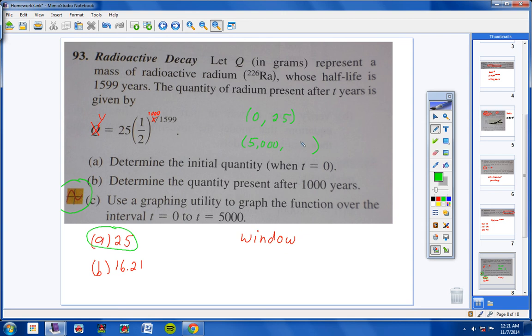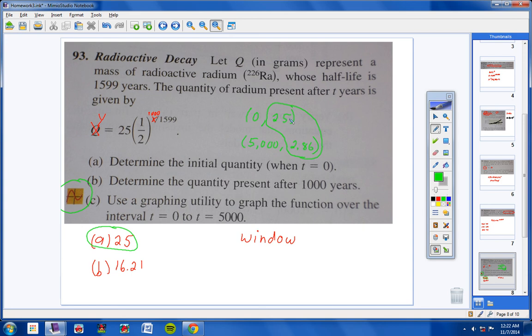But what you're going to get out is this. You're going to get 2.86. So guys, look. That means you want your y window to run from 2.86 to 25. So go back to your window button, scroll down to y min, and for y min put 2.86. I'm just going to put 2, the whole number 2. And then for your y max, I would put 25.